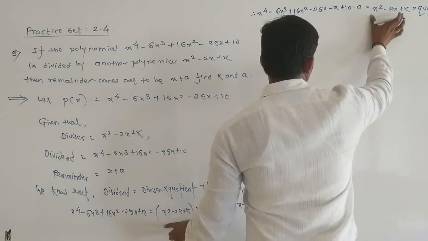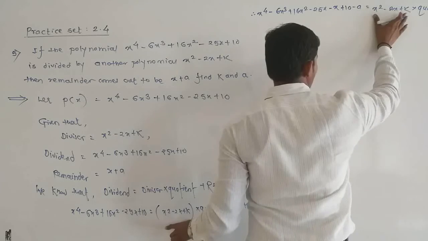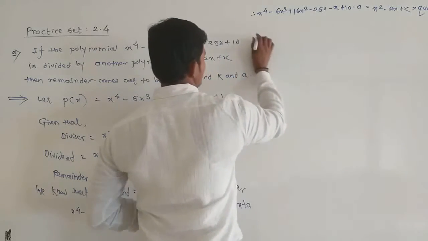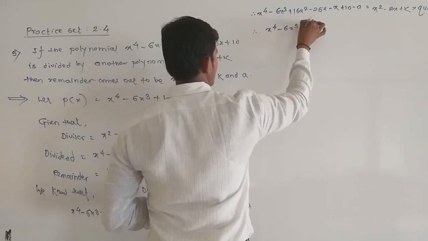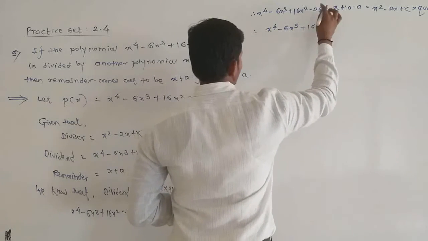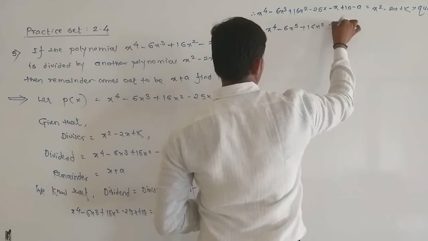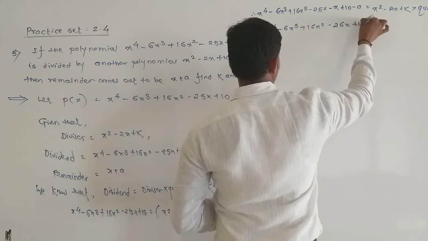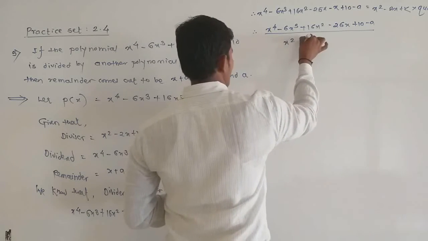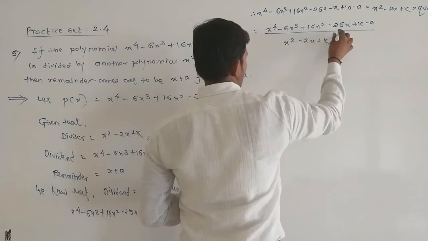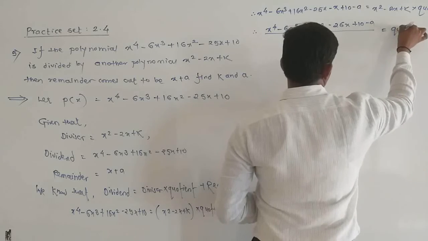We have to find the quotient. For that, x square minus 2x plus k is a multiple with quotient, so it goes to the division. Finally, we get x raised to 4 minus 6x cube plus 16x square minus 25x minus x, that is minus 26x, plus 10 minus a, divided by x square minus 2x plus k. We get a quotient.